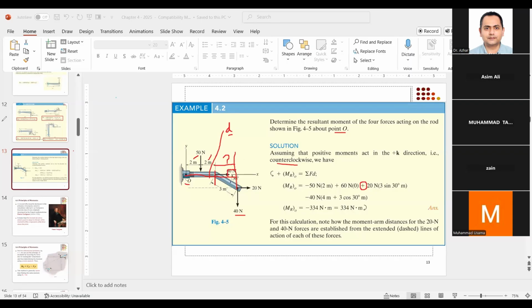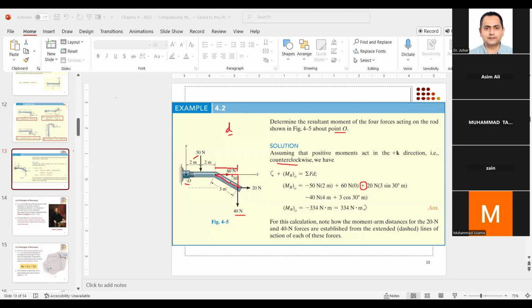And for this distance, we can use the same triangle as we used before. Let me make that triangle. If I make this right angle triangle again, I am talking about the base of this triangle.